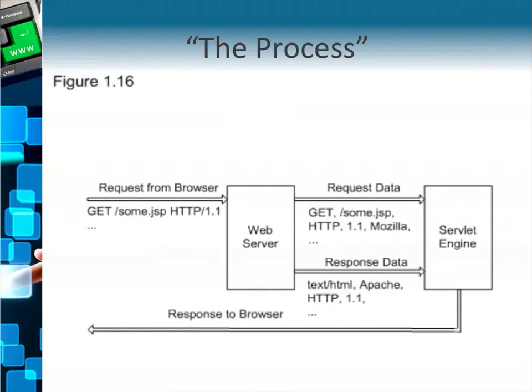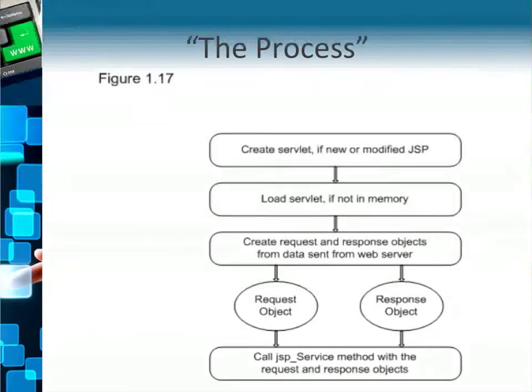But you get the idea that the web server sends data, says, look, this is the JSP that I need you to process. The web server has no idea how you're going to process it. The servlet engine will take care of it, process that, and then send back HTML to the Apache server. You can see those figures on page 27, figures 1.13, 1.14, and 1.15.